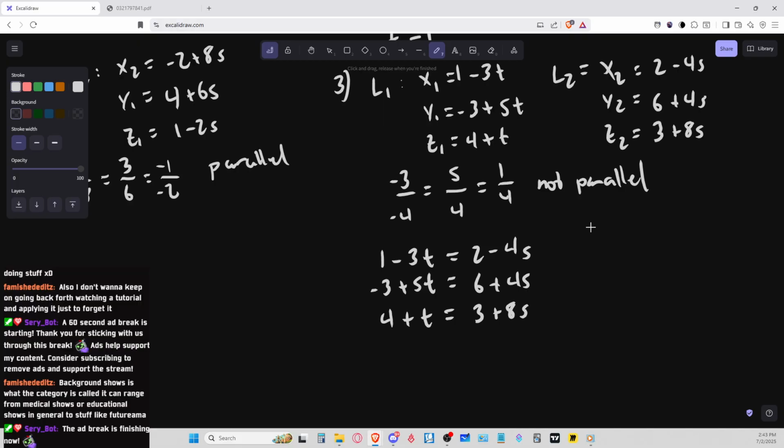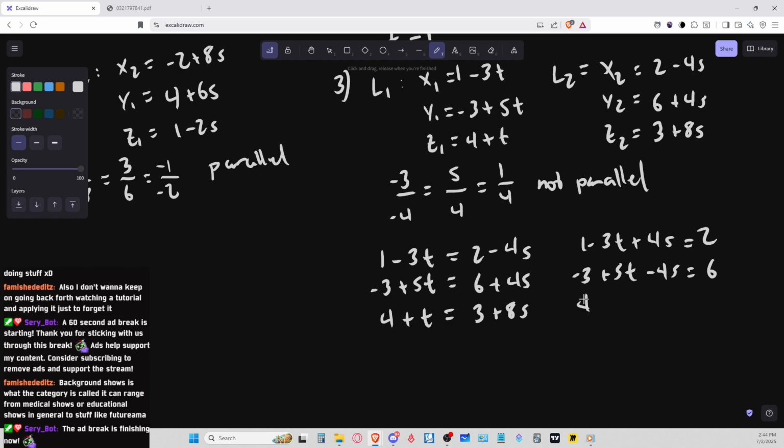Okay, so let's just change it into a series of equations we can have fun with. So, +4 equals 2. And this one will be -3 plus 5t, and then we'll put -4s, and equals 6.